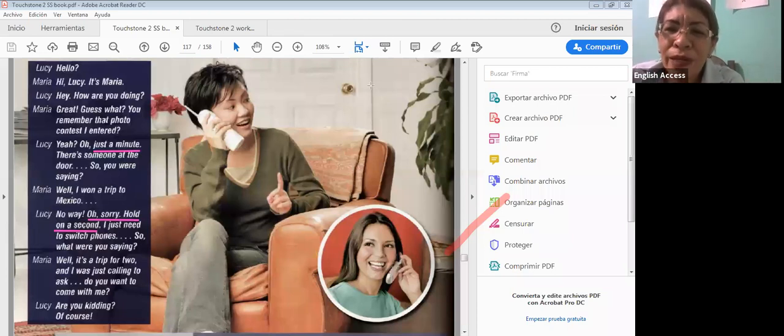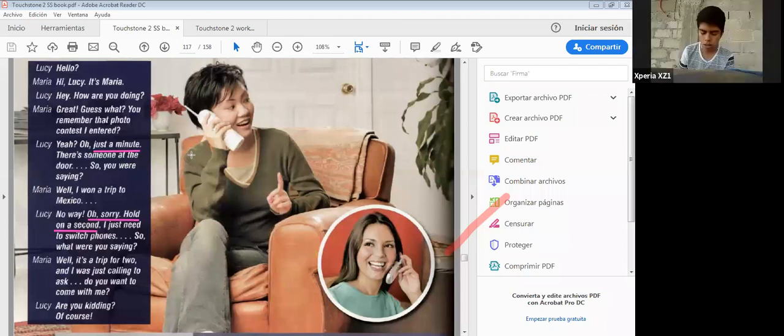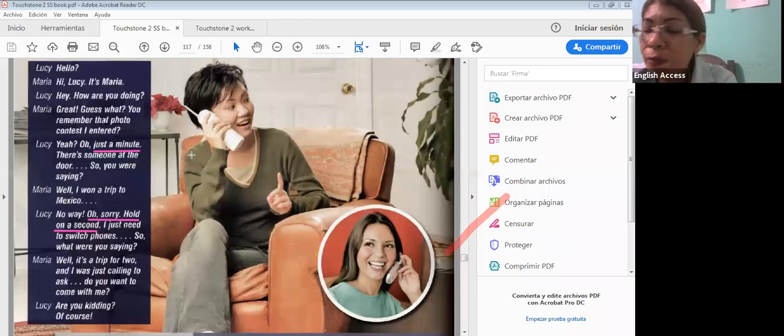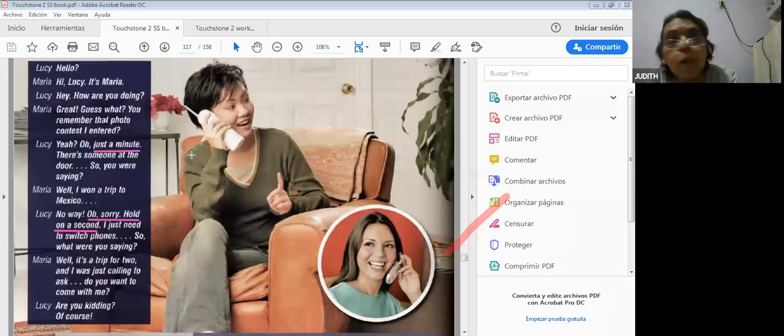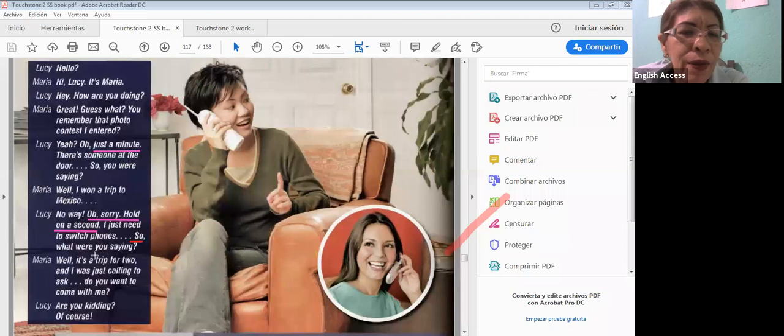Can you see the expressions that she is using in order to restart the conversation, to continue the conversation? So what were you saying?